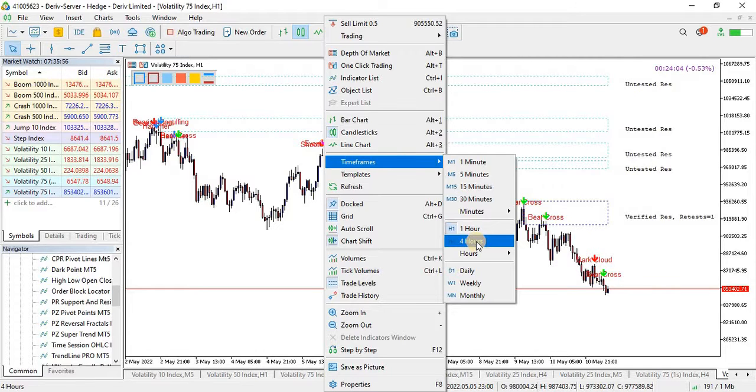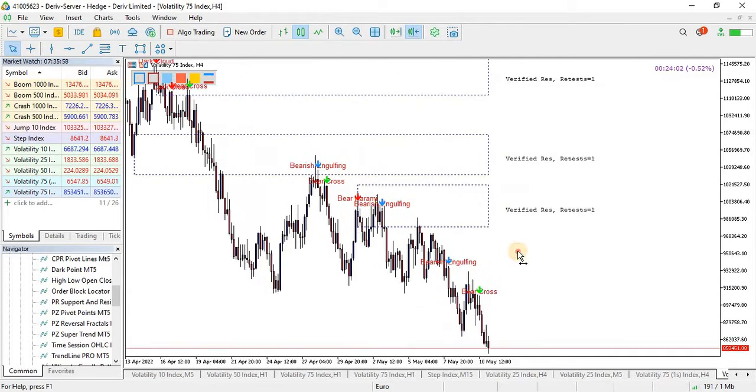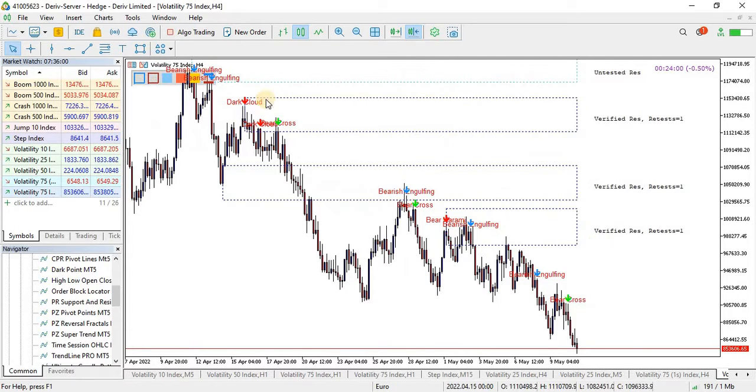If we go back to the 4 hours, you can see we've had multiple levels of resistance that were created and verified to be stronger resistance areas, so indicative of a downtrend.